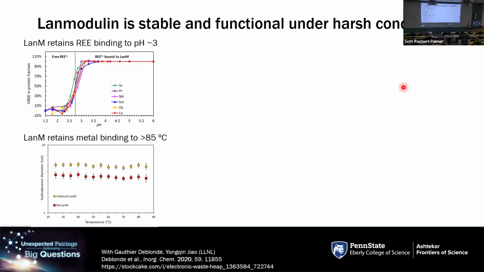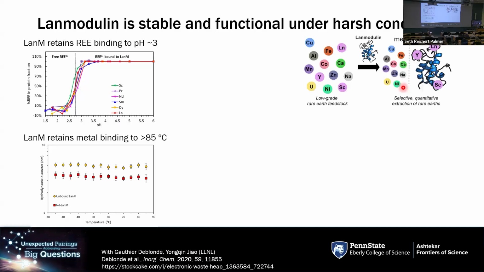And it turned out that the protein is very stable. You can put it in very acidic solutions. It will hang on to the metal ions to a very low pH. You can also heat up the protein to 85 degrees Celsius or more, and it will hang on to the metal ions. These are pretty incredible properties for a protein.